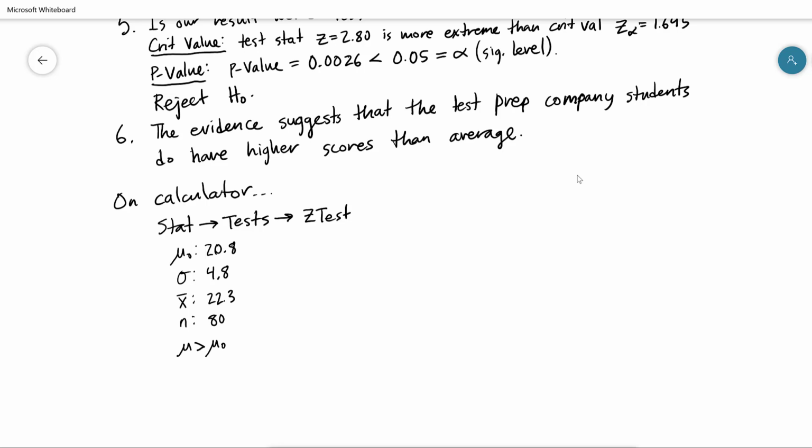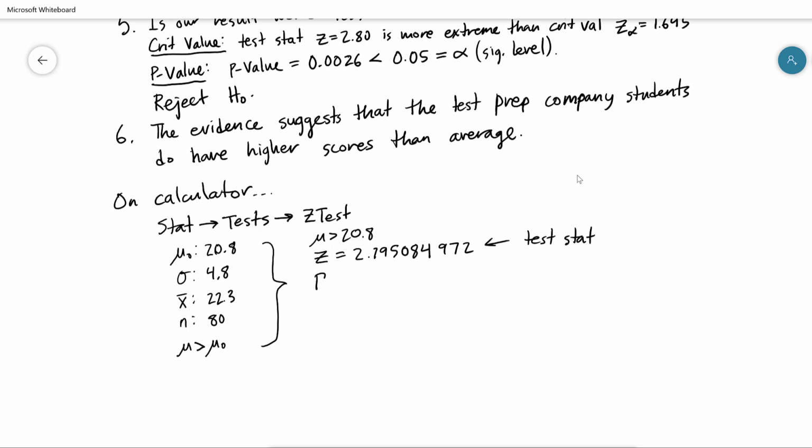It gives us two pieces of information that we can use. It first shows mu greater than 20.8, but then it gives us our test statistic. Z equals 2.79508497 whatever. This is the test statistic. It computes it for us.